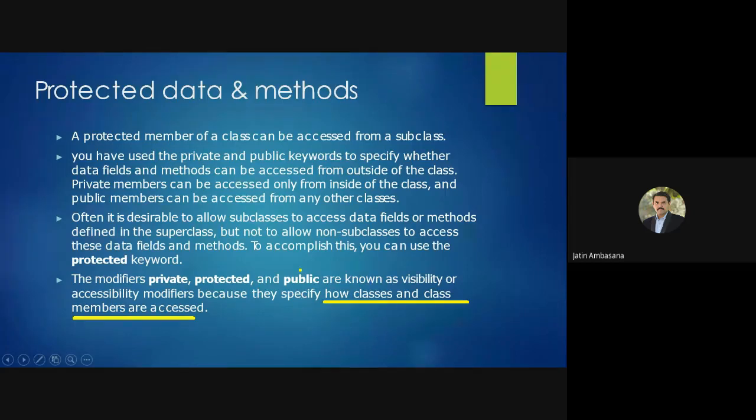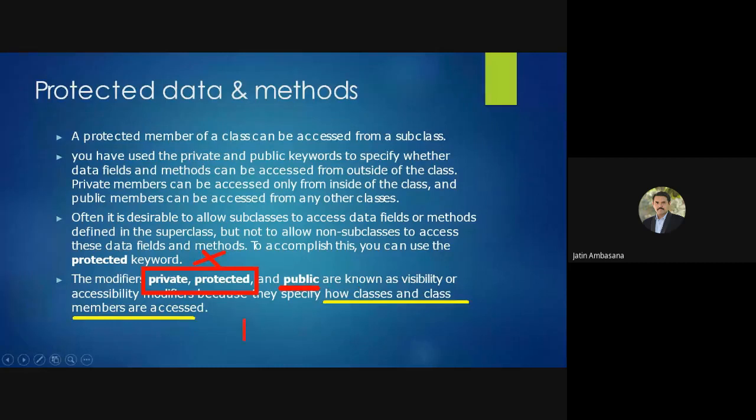And remember, for a class you can use either no modifier or public. A class allows only these two. Private and protected modifiers are not applicable on classes. Remember this.